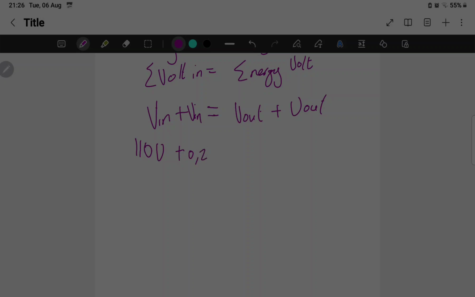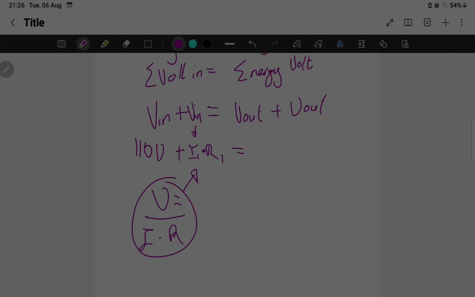And then what we're going to do is multiply it by I. We know from Ohm's law that voltage is equal to IR, so we're just going to replace this voltage with I1 multiplied by R1. It's not actually voltage in and voltage out, but it's just something I like to do to remember.